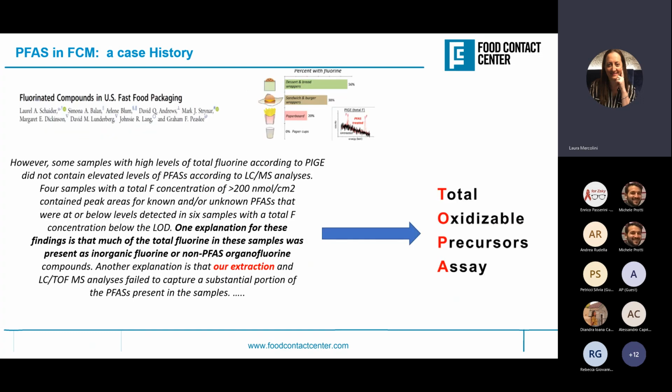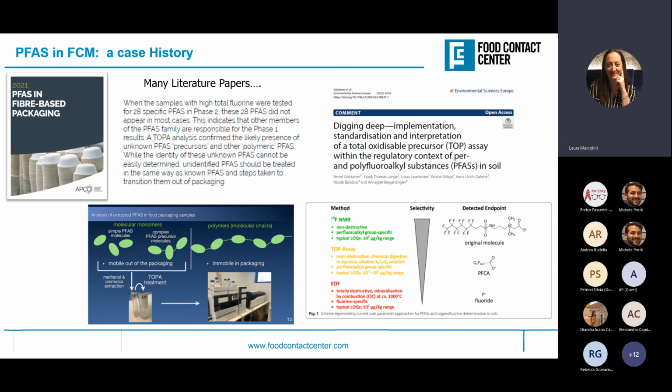And we also decided to go deeper, and we also tried, helped by Andrea, to test the sample with the TOP, so the total oxidizable precursor assay, and also performed other research in the literature.